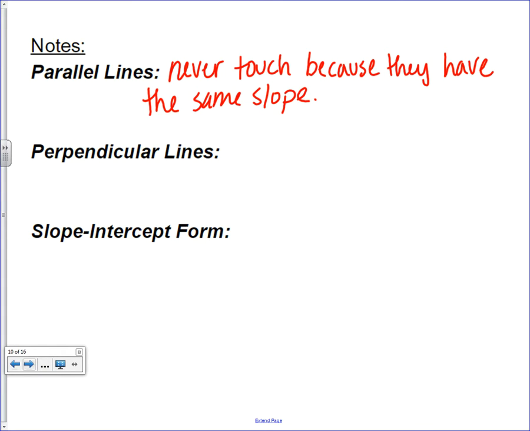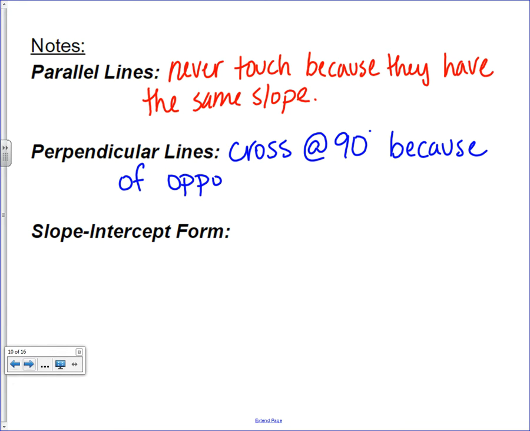How do they cross? 90-degree angles with opposite reciprocal slopes. Perfect. Okay, they cross at 90 degrees because they have opposite reciprocal slopes.